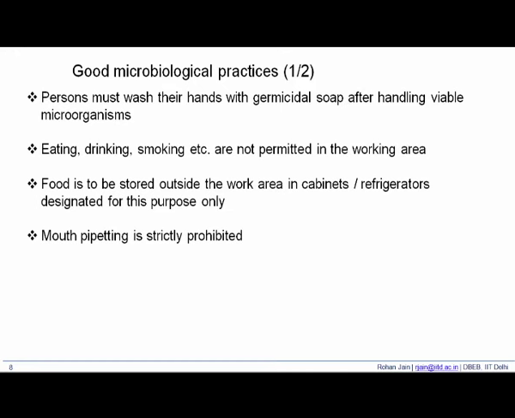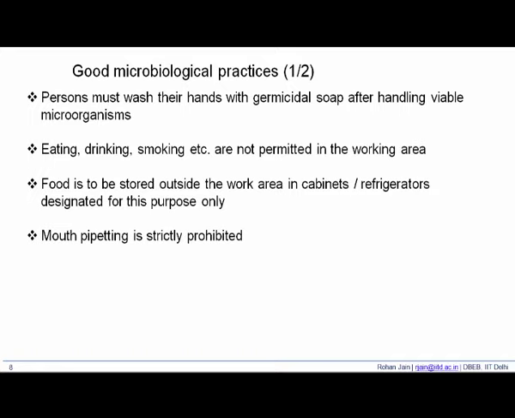The first thing is that a person must wash their hands with soap, germicidal soap, after handling viable microorganisms and even before handling as well. Whenever you work with a pure culture, you would work in a hood and you would disinfect the hood before and after use. You would disinfect with 80% ethanol, 70% ethanol, and you will use UV rays in the hood itself to disinfect.